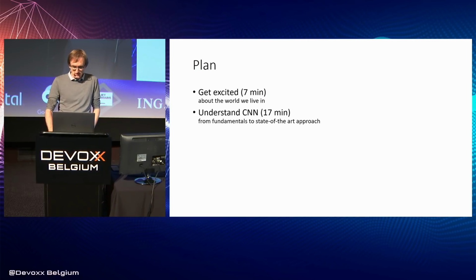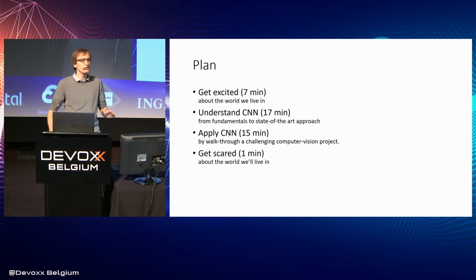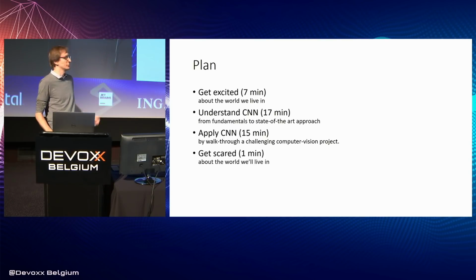Within the next 17 minutes, we will truly understand the concept of convolutional neural networks by a quick, but I hope very interesting, Python coding session. And for the rest of the talk, we will go through our own challenging real-life project where we will hopefully see amazing possibilities of modern AI, so amazing that you might even get scared, for which we especially dedicate the last minute of our talk.